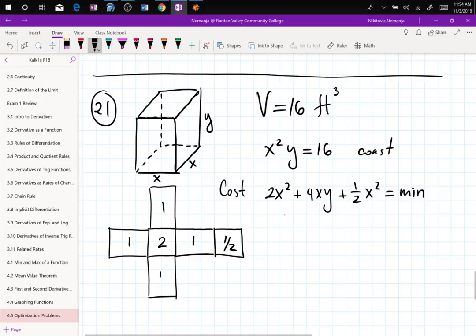And now I'm going to label these. This is the bottom. These are the sides. And this is the top. And now if I put x and x and x and x and y and y, you quickly come up with each one of the rectangles is x times y. You have 4 of them, so 4xy's. You have x squared in the middle times 2, and x squared on the outside, which is the top, which is 1/2.